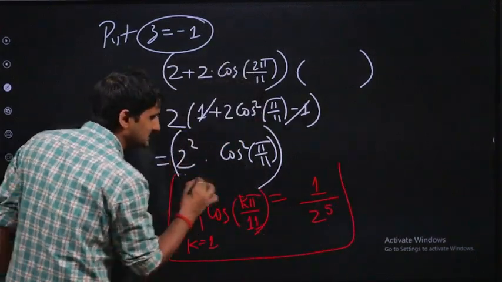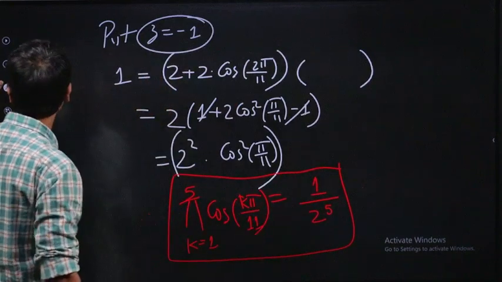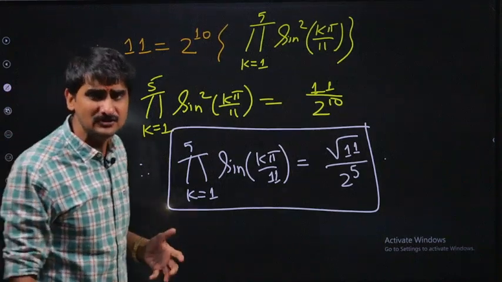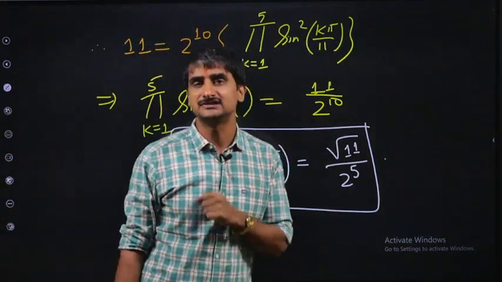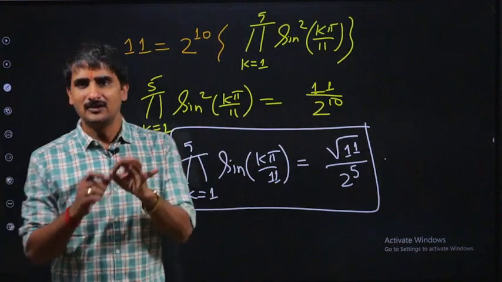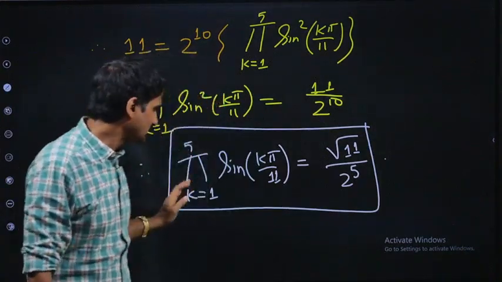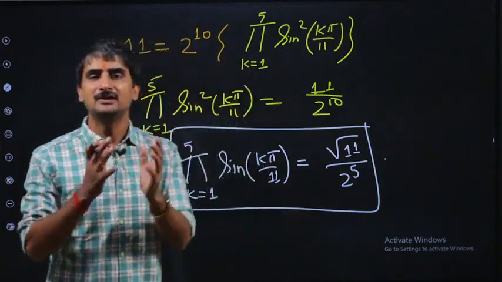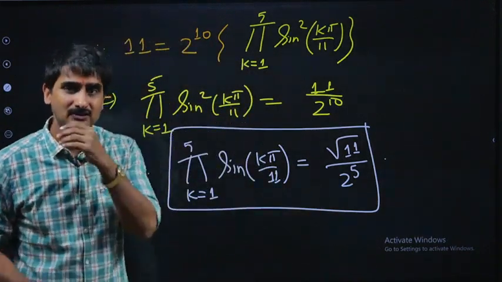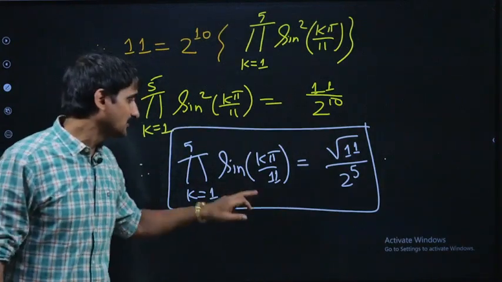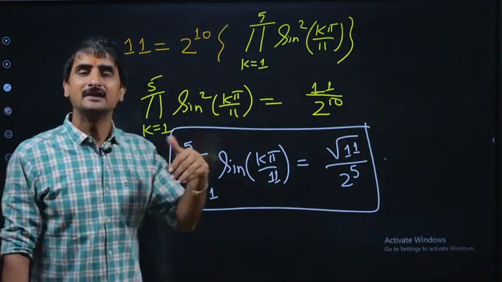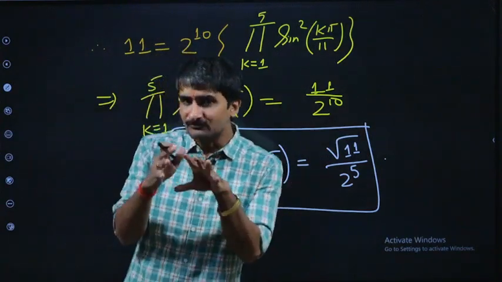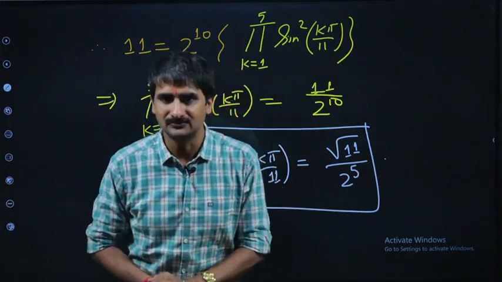That was the purpose behind sharing this question, so that I can show you how to solve such series. If you have an odd denominator, a product of sine series or cos series, where the angle's denominator is an odd number and the variable of the series takes 1 less than half the values, like 1 to 5.